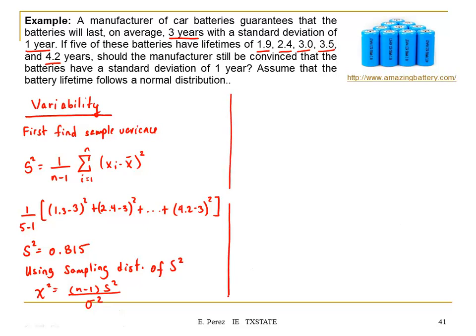Okay, so we have all the information we need. We can compute the chi-square value. Again, n minus 1 is 4, so we have 5 minus 1 times 0.815 divided by sigma squared, which is 1, and this value is 3.26. Okay, so we have the computed chi-square for our experiment.